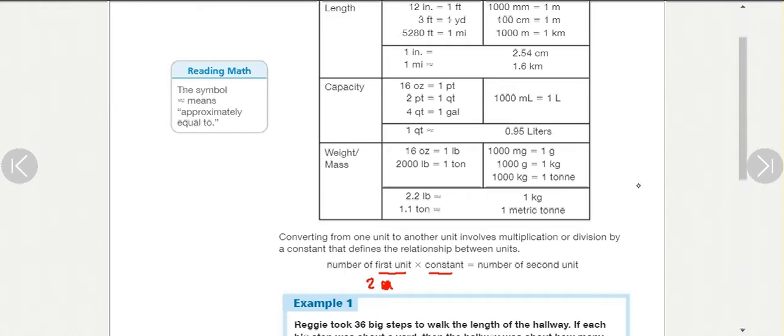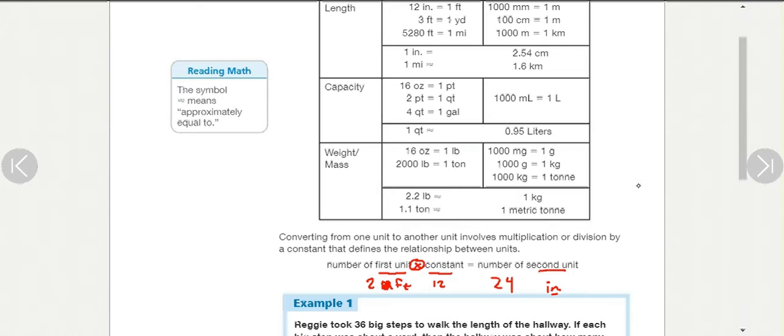Let's use 2 feet, because we're using multiply right now. 2 feet, and the constant between these two, because we're going to go to inches, would be 12, and we multiply because we're going to a smaller unit in inches. 2 times 12 is 24.